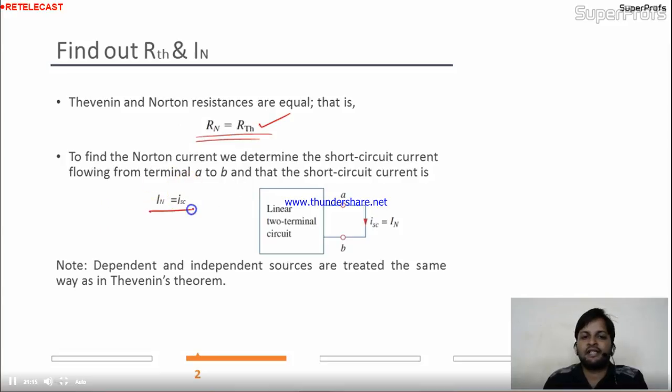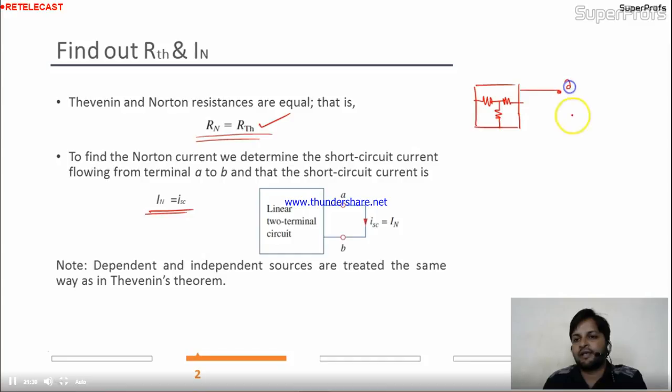But what is the IN? See, if this is the circuit given to you, the entire circuit having so many elements connected with each other like this. This is terminal A, this is terminal B. It's a two terminal device.